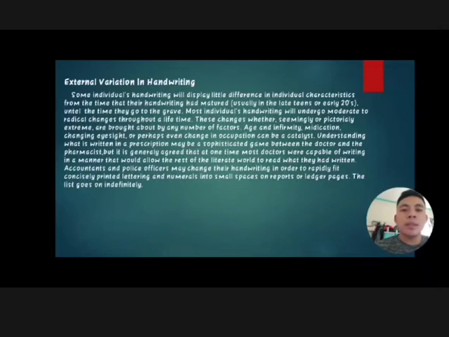Accountants and police officers may change their handwriting in order to rapidly fit concisely printed lettering and numerals into some spaces on reports or ledger pages. The list goes on indefinitely.